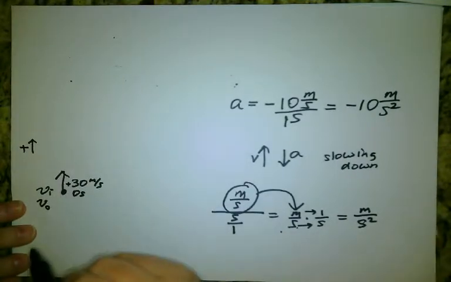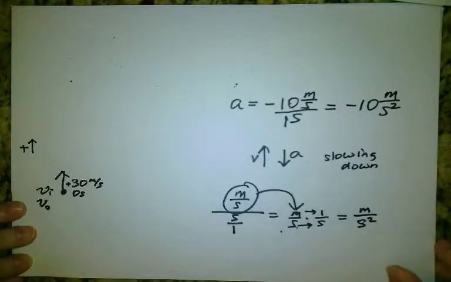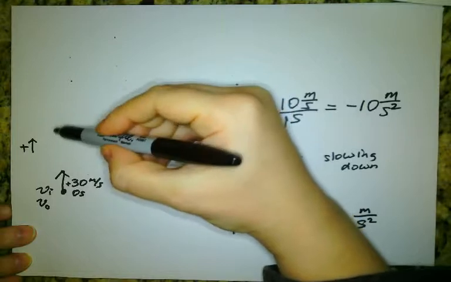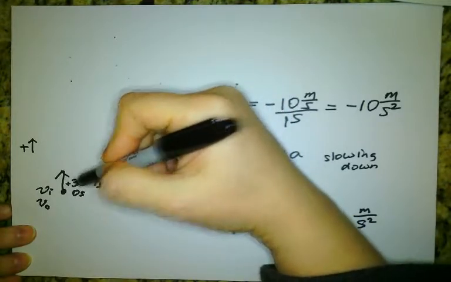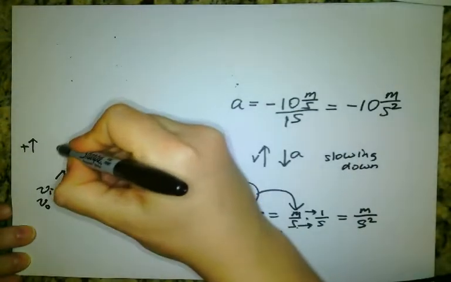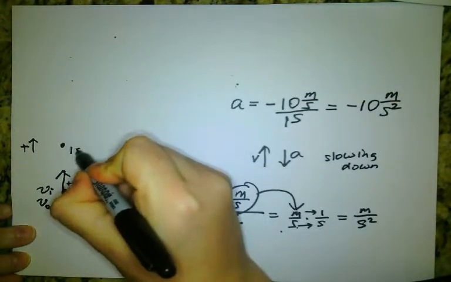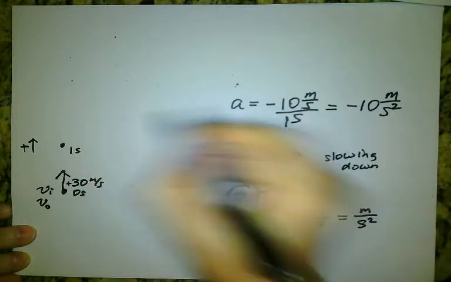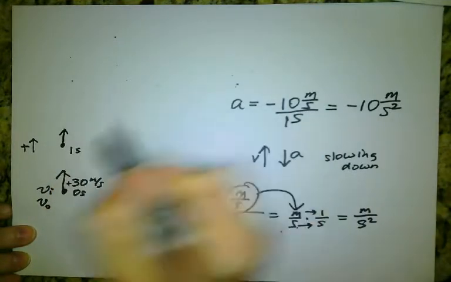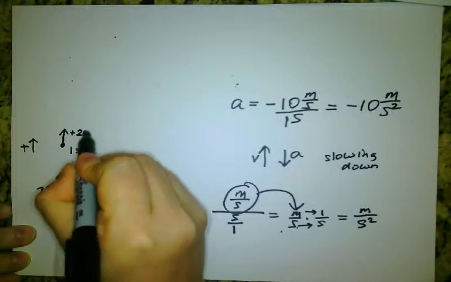Anyways, so getting back to this problem, if gravity is taking away 10 meters per second each second, I'm going to draw where it is at the next second. And its speed has dropped by 10, so now it's going to be plus 20 meters per second. All right, after another second, it's still slowing down.